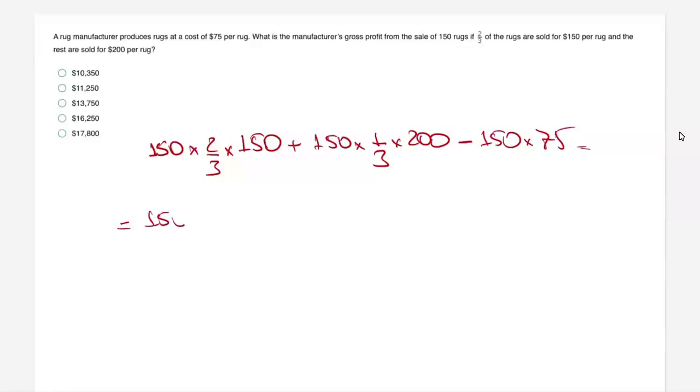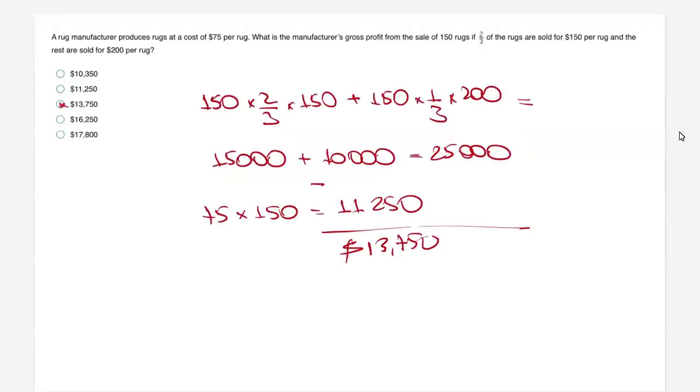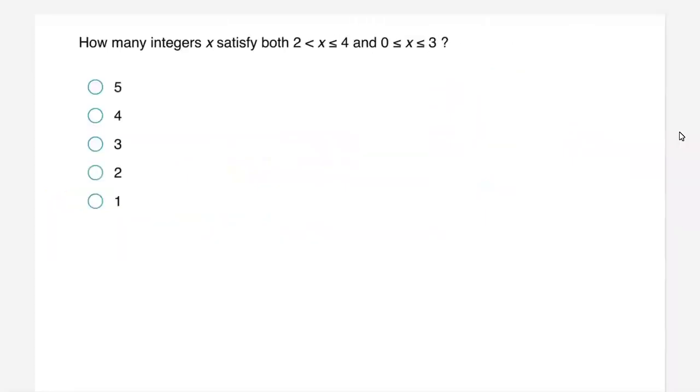So you'll be 150 in evidence, 2/3 of 150 plus 1/3 of 200 minus 75. This is worse. So we stay with the other way, okay? Super easy. Okay, 1 minute for this one.